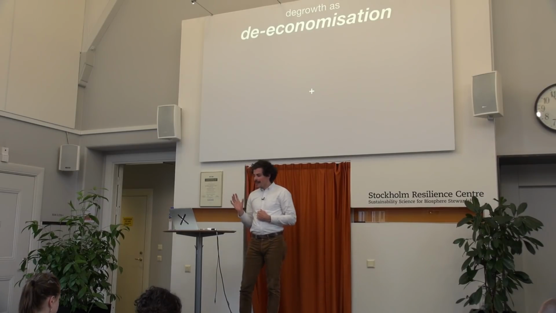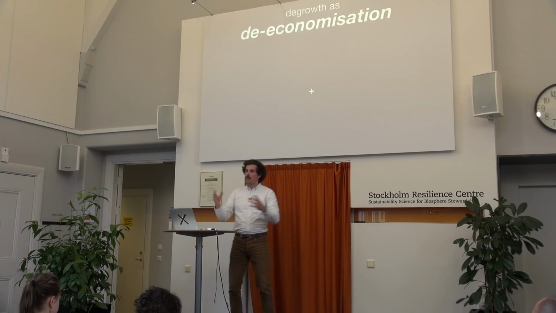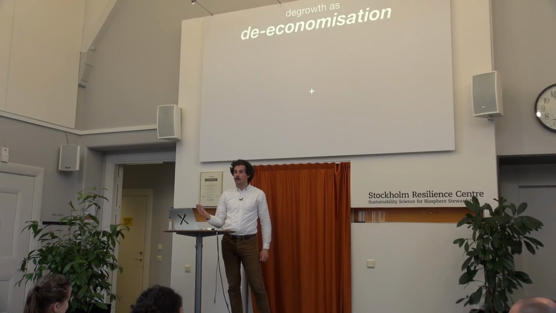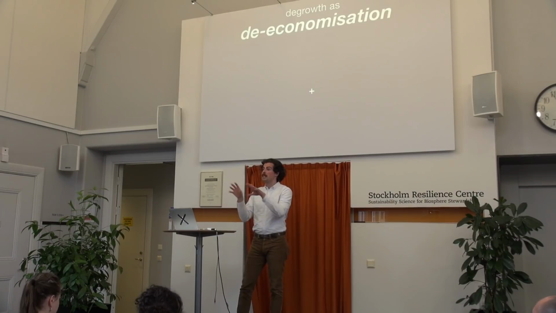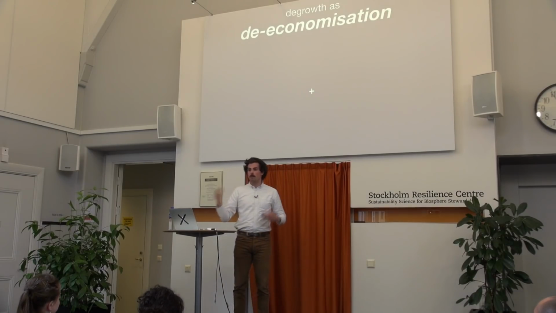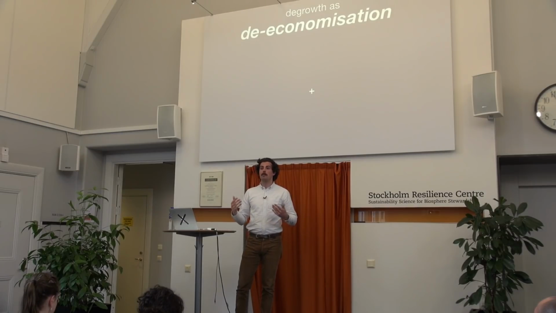So for me, economization is the spread of the economy. When your apartment, which used to be your home, can now be rented to strangers on weekends through Airbnb, it means the economy has somehow expanded. Some people say it's also a process of commodification, right? What was a thing became a commodity.